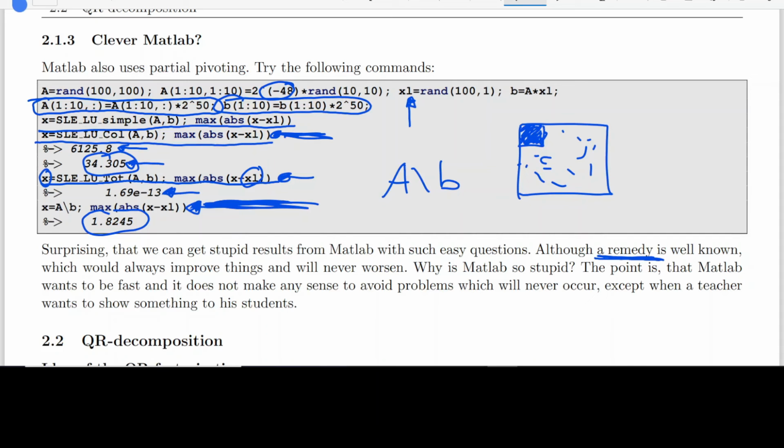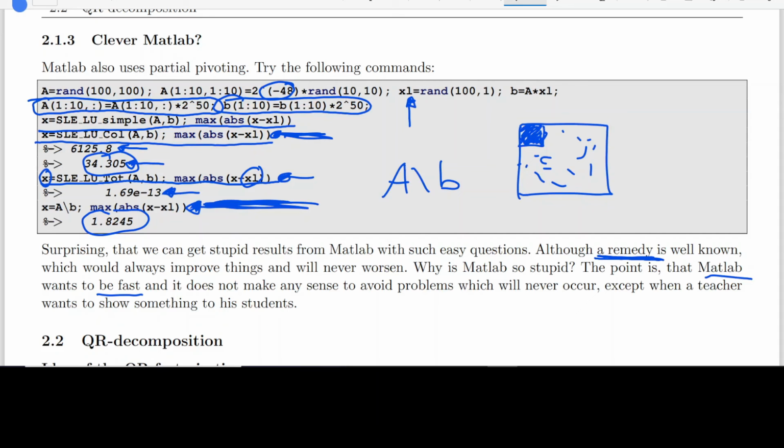The point is that Matlab wants to be fast, and total pivoting means approximately 20 or 30% extra time, which you almost never need. So almost never is there a disadvantage using column pivoting, and that means that if you are using total pivoting, you spend more time having no advantage.